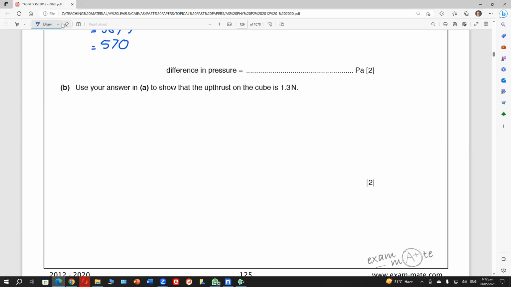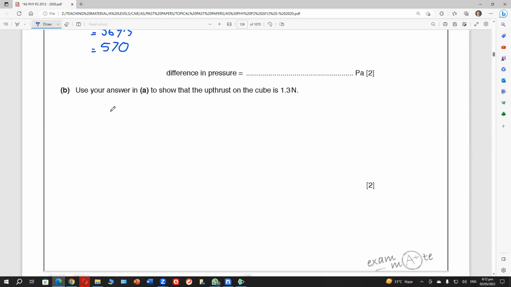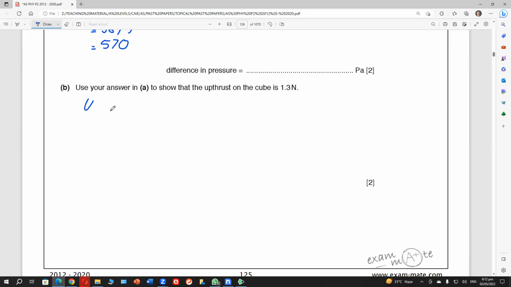Use your answer to A to show that the upthrust on the cube is 1.3 Newton. Upthrust is a force and pressure is equal to force over area. He wants us to use the part A answer. Obviously, we have a formula for upthrust, but this is upthrust.